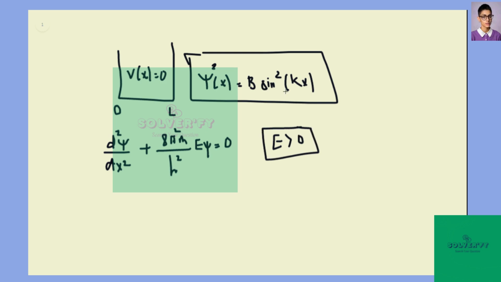We start with this. Now let's take a root. In that case, we get psi of x equal to, taking the root of b, which we can write as root b, or let us say root b is equal to some a. So I'll write this as a sine kx.